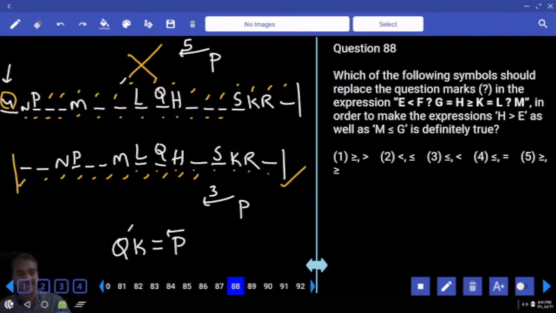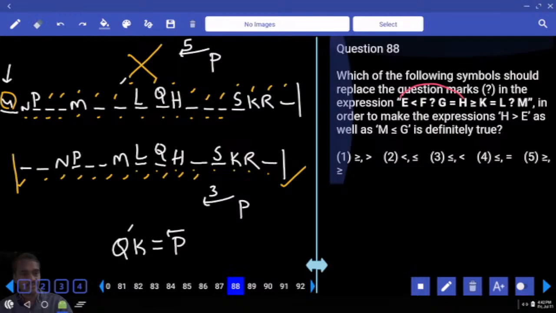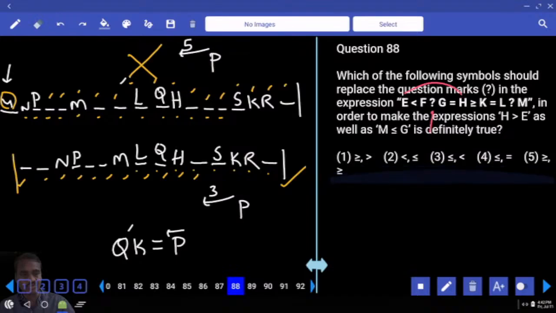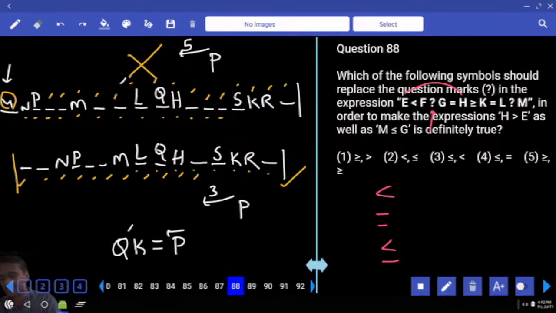H greater than E is nothing but E lesser than H. Now we are moving from E to H, and E lesser than H, in this question mark, which symbol can you have? You can have less than or equal to, lesser than or equal. Anything is valid. Because if there is lesser than, E lesser than H, straight away that is true. Or you can have equal to, then also one lesser than is there in between E and F, that is also valid. Lesser than or equal to, then also lesser than is common. And so you can have any one of these three symbols.